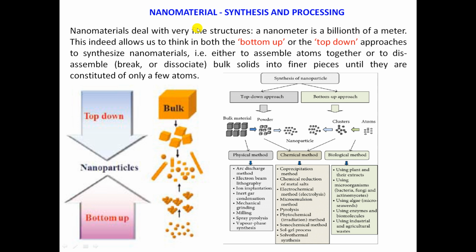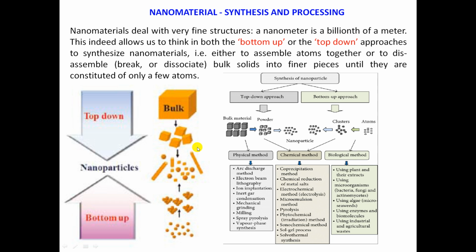In the top-down approach, the materials present in bulk form are broken into smaller and smaller species till they reach the nano size. Here bulk material is converted into the nano size.